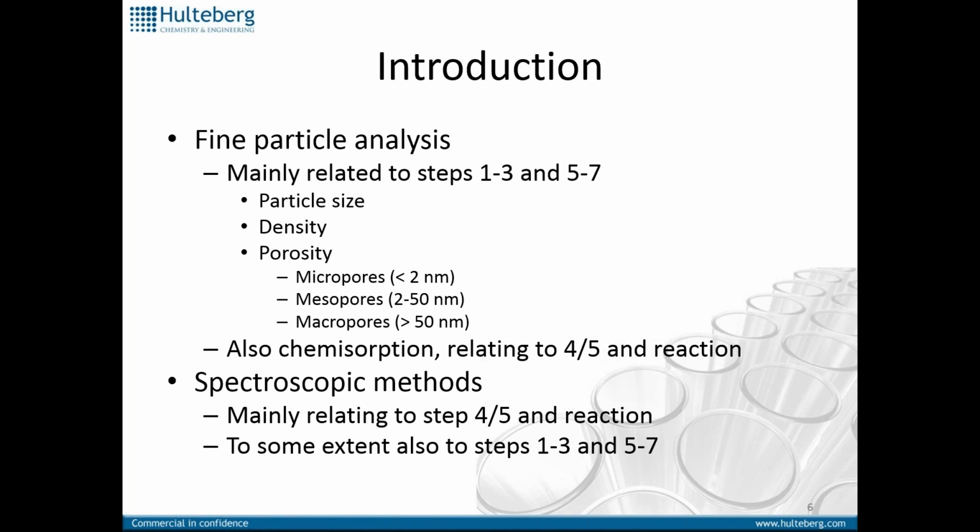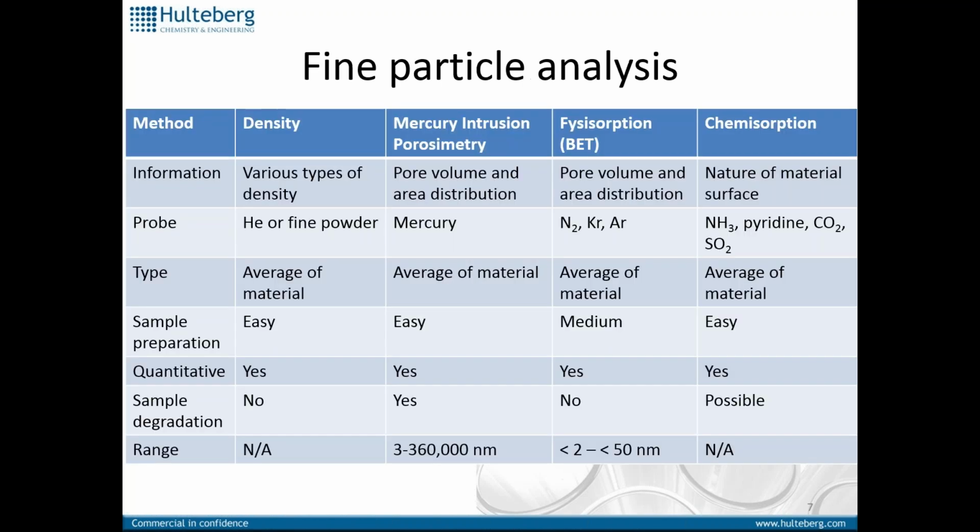But we also do include chemisorption here, which is related to 4, 5, and the reaction. Spectroscopic methods mainly look at steps 4, 5, and the reaction, but you are also able, in some instances, to derive information for the transport steps. But let's get started with the fine particle analysis.